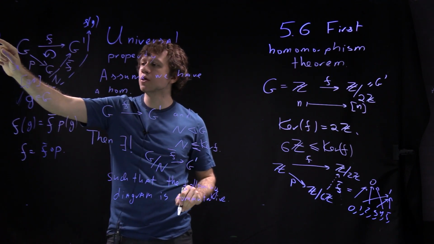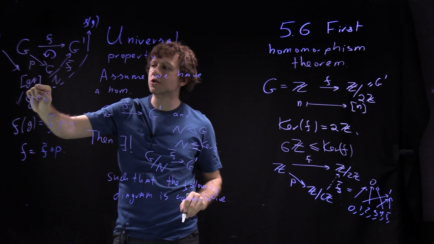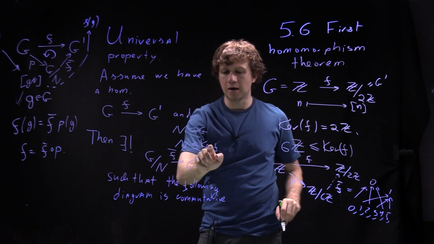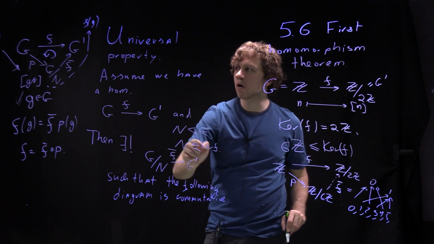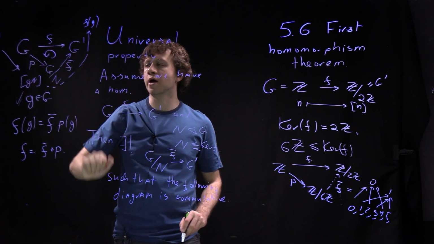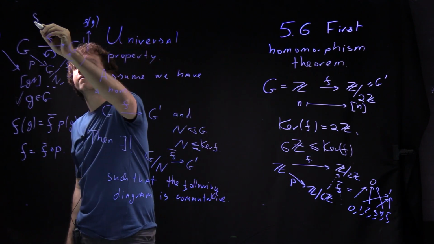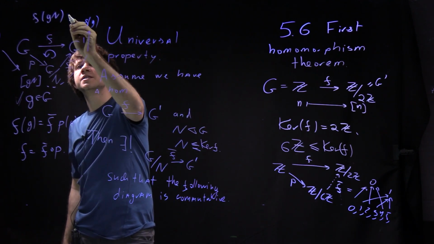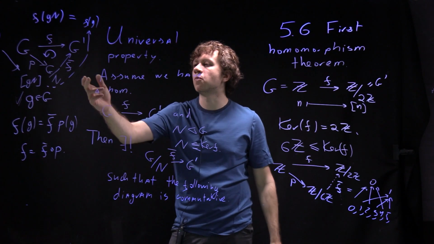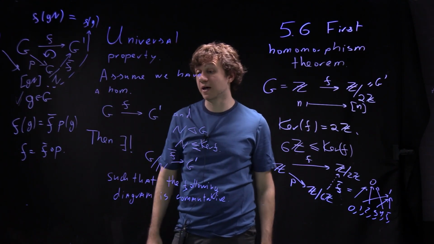You can take g or another element in gN. But since N is inside the kernel of F, F will send gN all to F of g. So you can say that F of gN doesn't depend on N, it's just F of g. And so this is why this map is well defined.